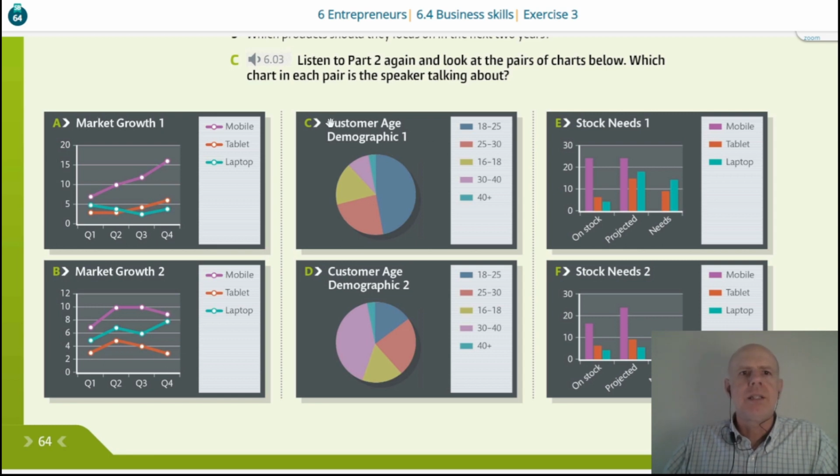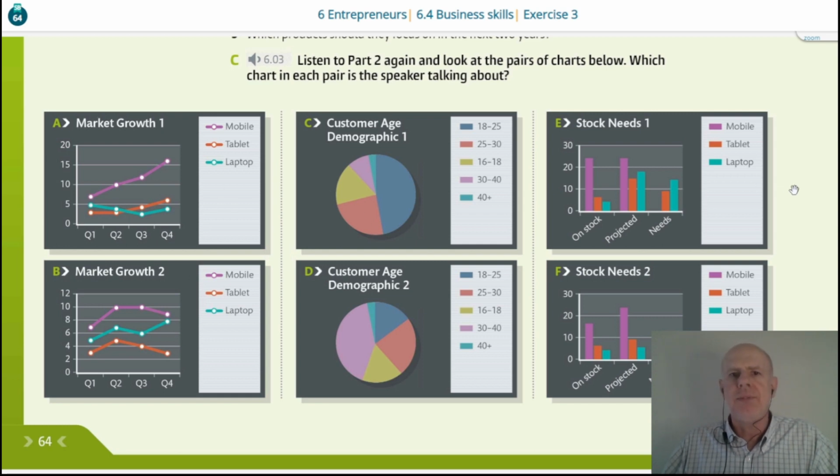And look, customer age demographic 1 and demographic 2, C and D. 18 to 25, 25 to 30, 16 to 18, 30 to 40, older than 40 years old. If you remember what we've just listened to and discussed, you're going to see what the graphs are.